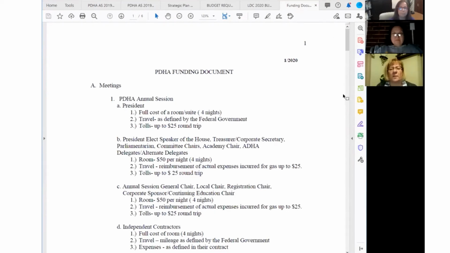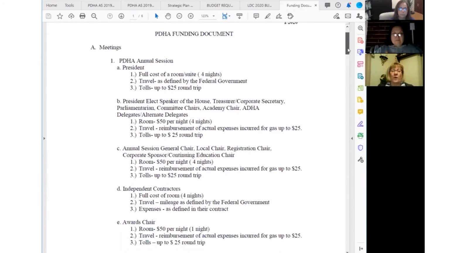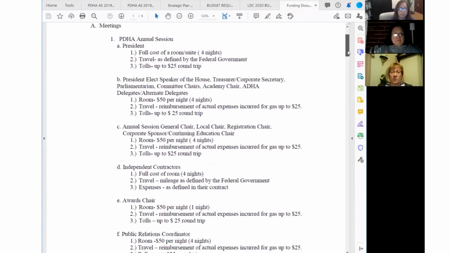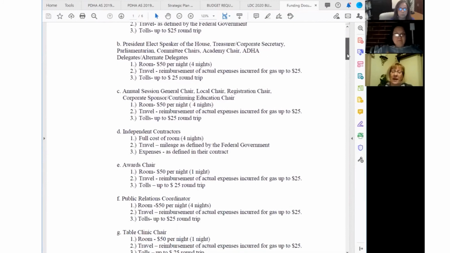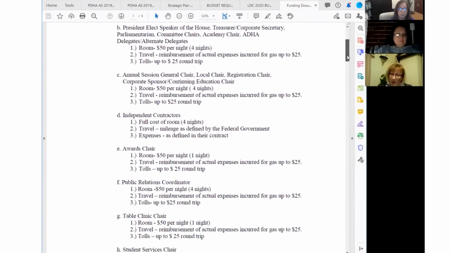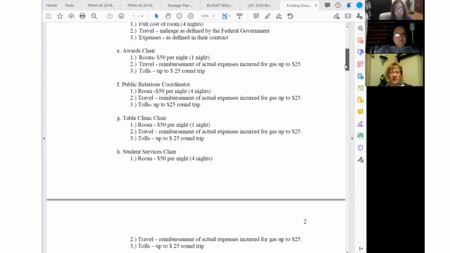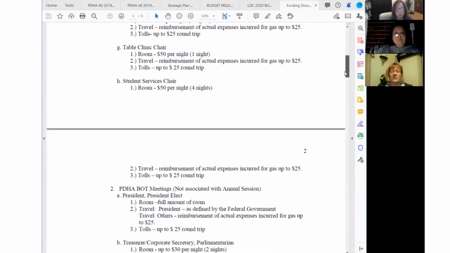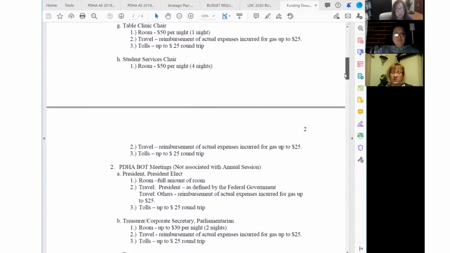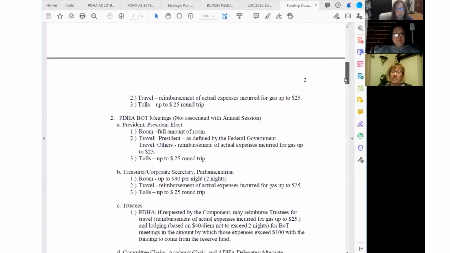So, okay. The funding document, again, is what we utilize at the budget meeting for what we can use as an allotment or reimbursements. Unfortunately, depending on the revenue side of it depends on exactly how much of these disbursements we can do. So just because it is listed on the funding document and it will say X amount of dollars for this or that, it still goes back and is superseded by the budget for that year.